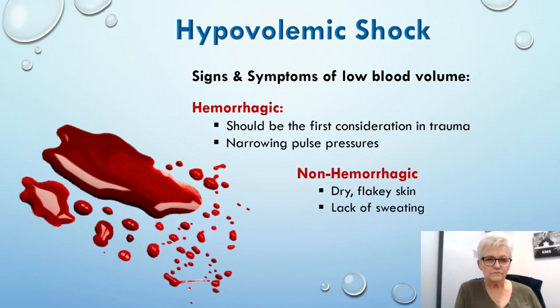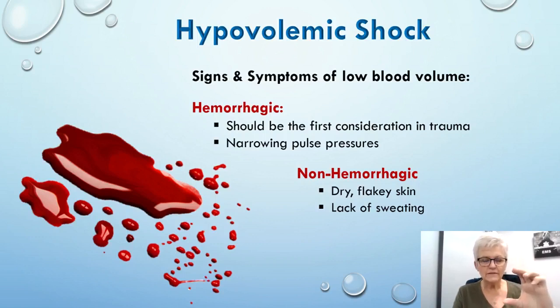Okay. In addition, I may see these signs. With our bleeding, if I have a patient that is bleeding, we're looking for narrowing pulse pressure. So as I'm trending my vital signs, if the diastolic and systolic start to get closer together, let's say the first time you take it, they are 40 millimeters of mercury apart, so I've got 100 over 60.